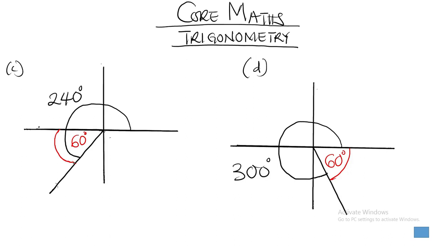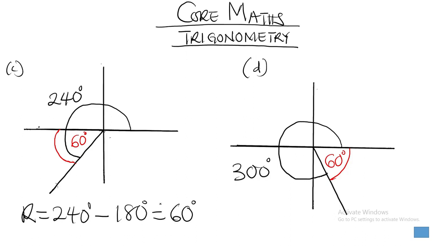So here R will be equal to 240 degrees minus 180 degrees, and that will give us 60 degrees. So in the third quadrant, to get the reference angle, you subtract 180 from the principal angle.